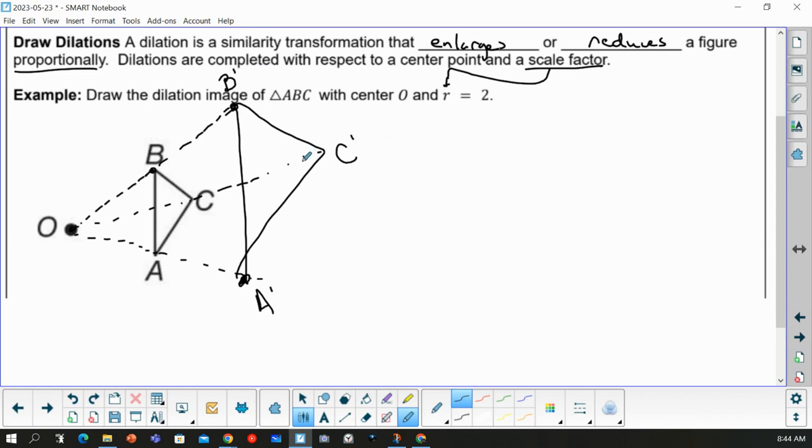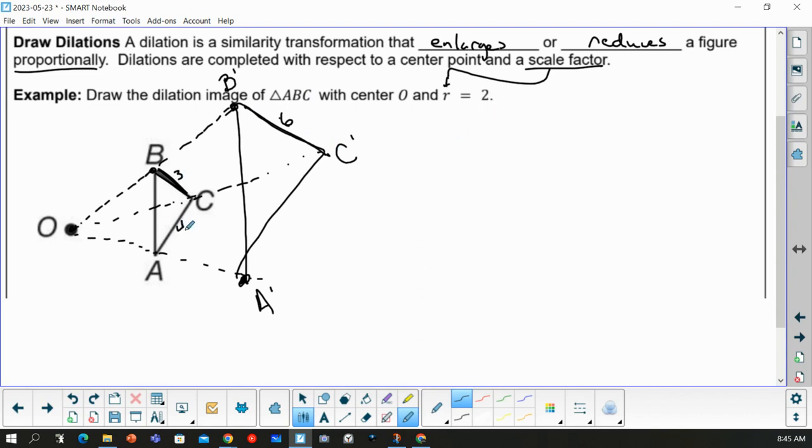So the way that we're going to enlarge something, right? If the scale factor is 2, 3, 4, 5, it's like saying two times bigger, 3 times bigger, 4 times bigger, and it doubles it, triples it, quadruples it, whatever the number is. But one way that you can do that is that this doubles. It would also be true that if the length of this side was 3, the length of this side right here would be 6 if it's doubled, right?